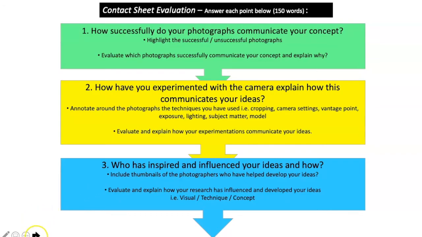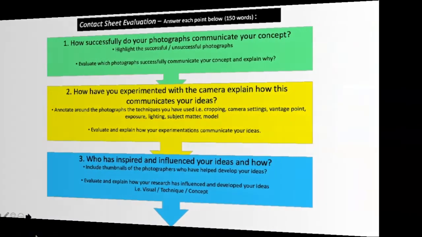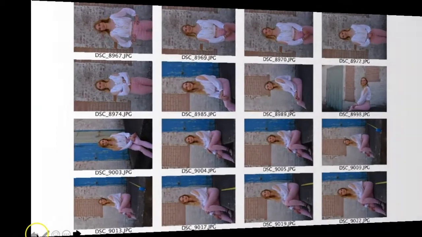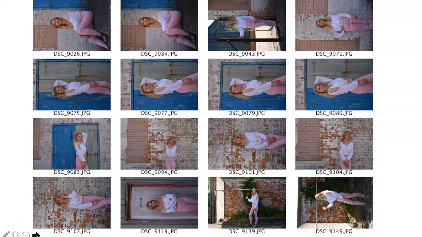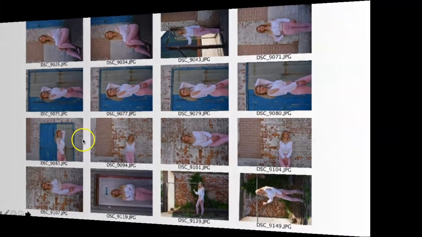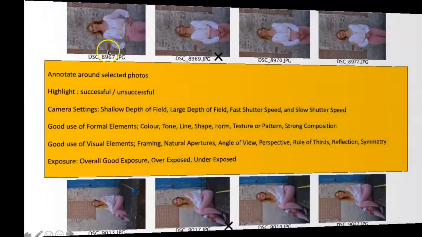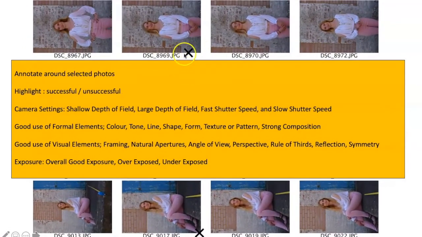Who's influenced your ideas? So this was my original contact sheet of Katie, and we have the two sheets. So we always have at least 32 images selected. And then around your images, you need to mark them clearly to show your selection, to demonstrate that you've seen which are the most successful images.